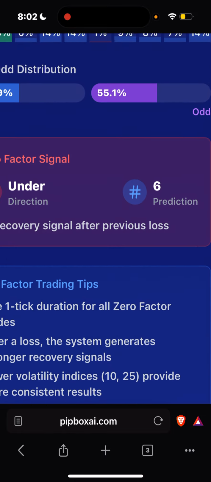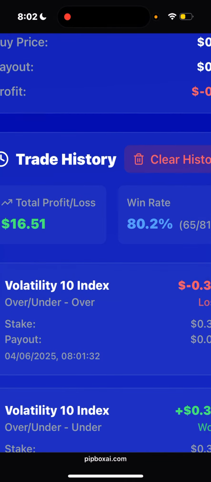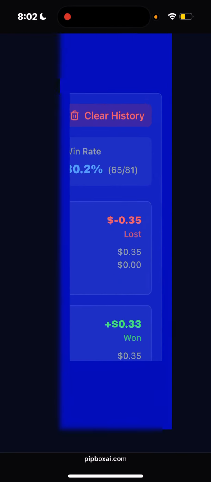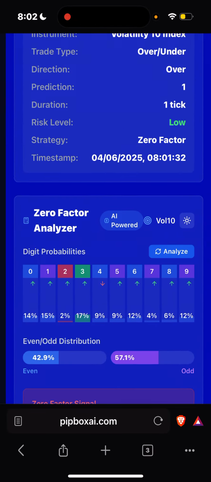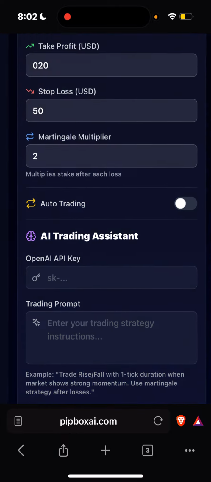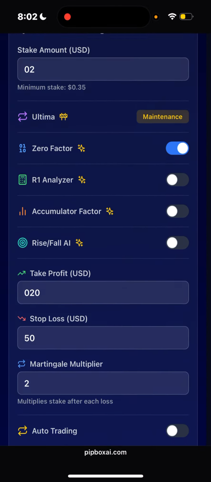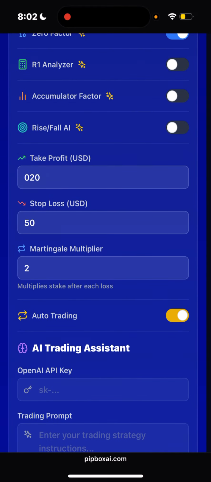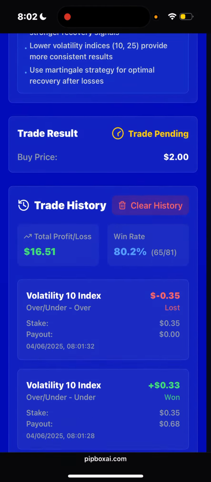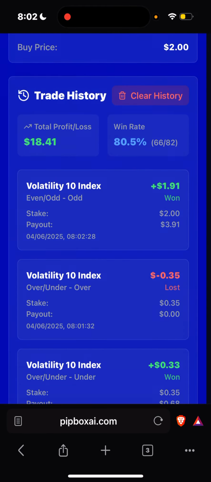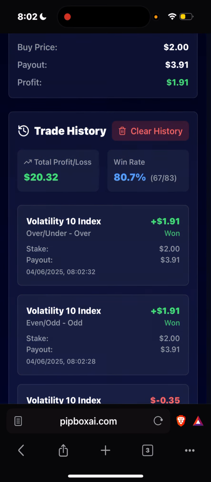So we are in recovery mode because we have this loss here, but we can just let it go because we have changed our stake right now. Take profit is at 20. Let's see if it will use martingale factor or not. Of course it did not use martingale factor.